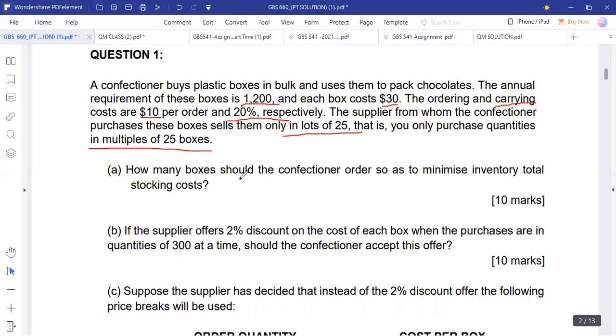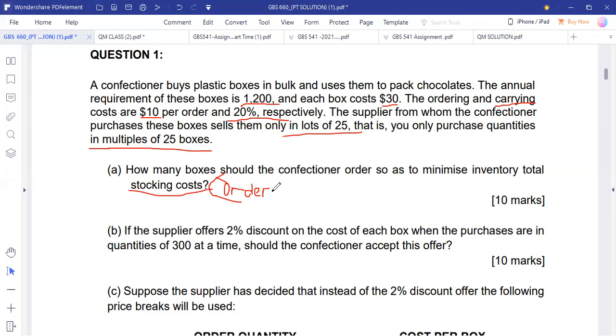Now, how many boxes should the confectioner order so as to minimize the total stocking cost? When you're talking about total stocking cost, there are 2 costs involved.